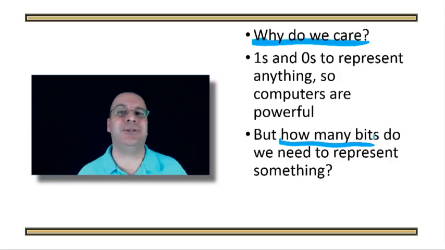Can I actually store this beautiful picture of a mountain using only 8 bits for each pixel? Or do I need more bits than that to store all the colors that the eye can see, and so on? So we need an understanding of how many bits we need to represent stuff, so that we can really understand how the different data types and the different accuracies that they have matter.